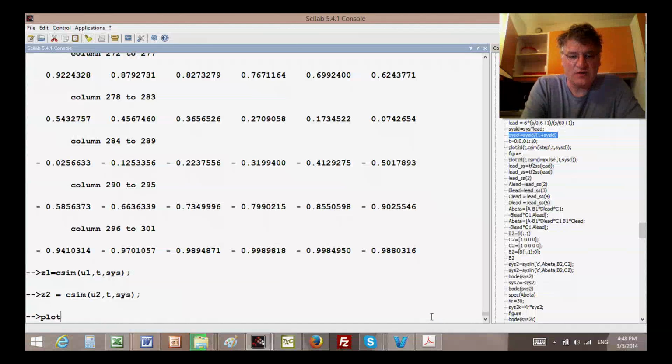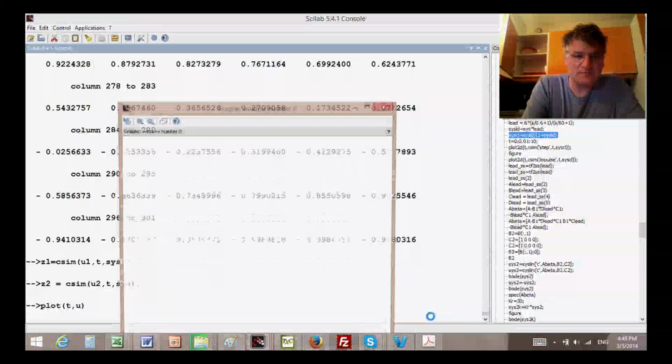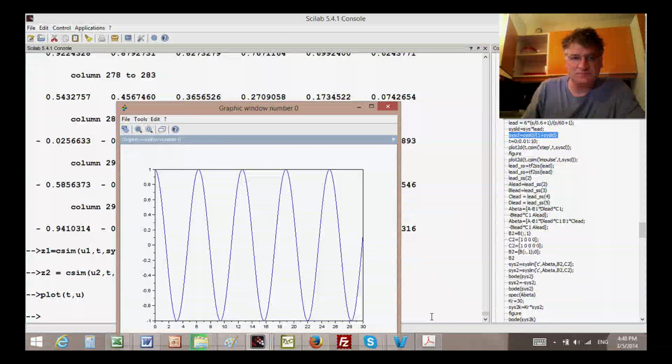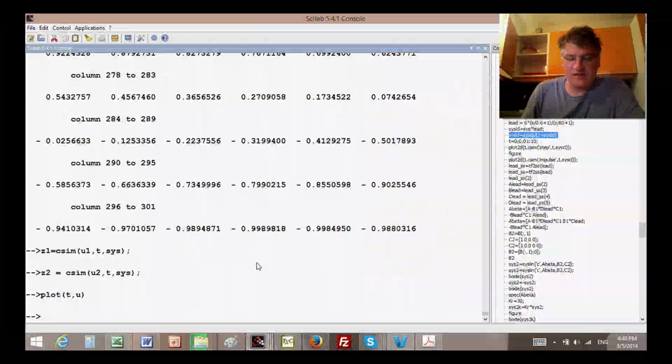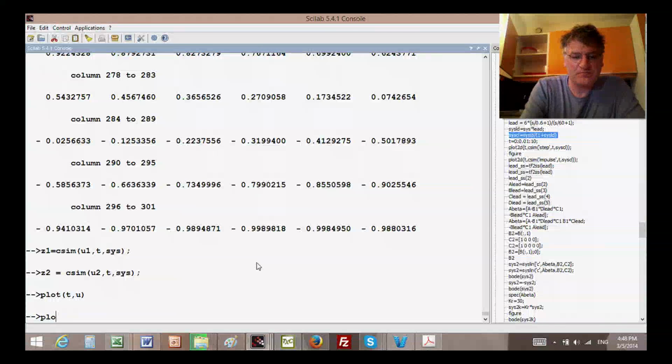Okay, now we're going to plot t, u. Okay, so that's the input. Alright, so that's a sinusoidal input. Second, we're going to plot t, z1.